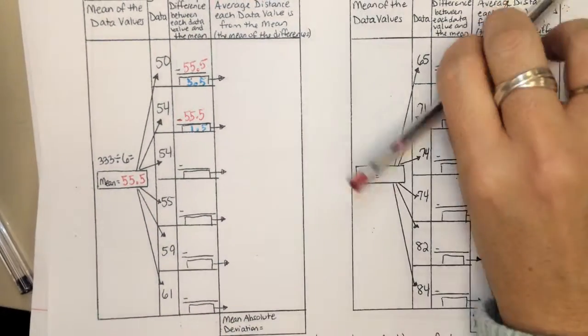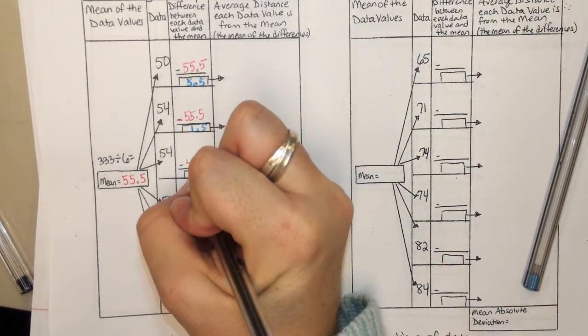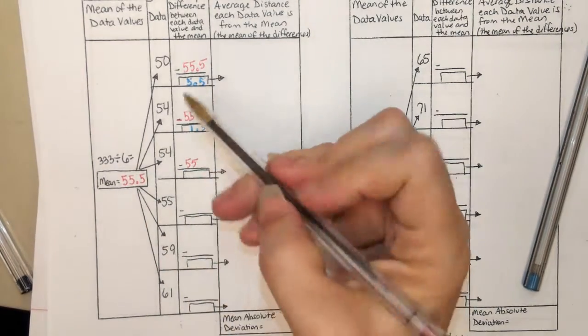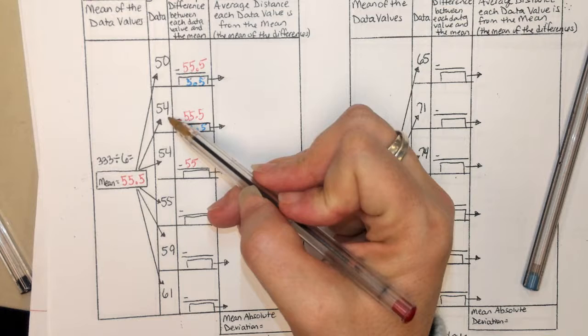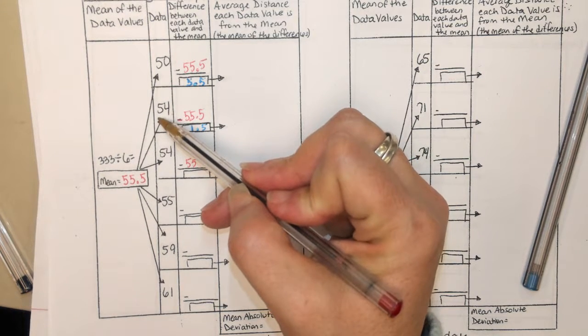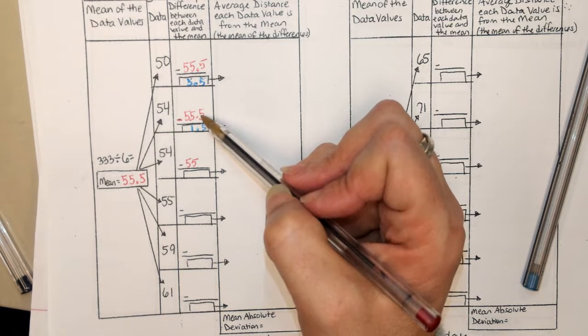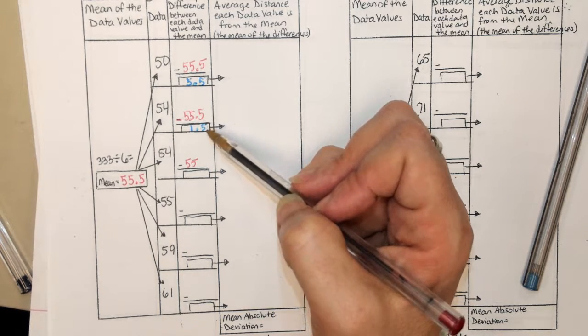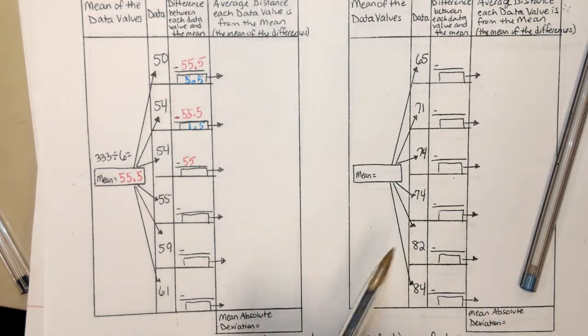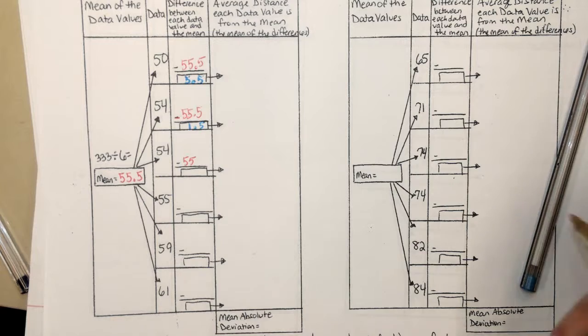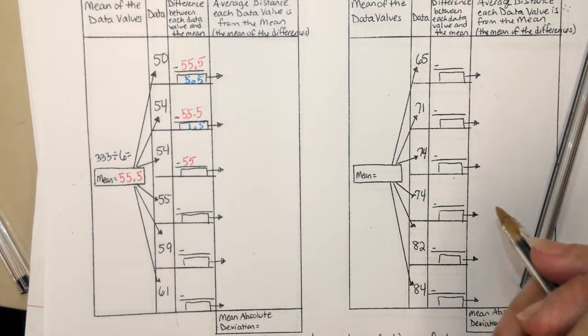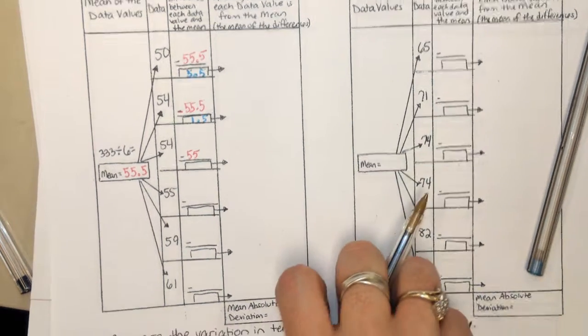Okay. Wait, why would it be that? I'm not following you. You've got to practice with me in the calculator. Type in 54, that is your data set, minus 55.5. But it says negative 1.5, and you put positive 1.5. That's because I said, listen, because it is distance on a number line, we're going to change it to a positive. That's mine.